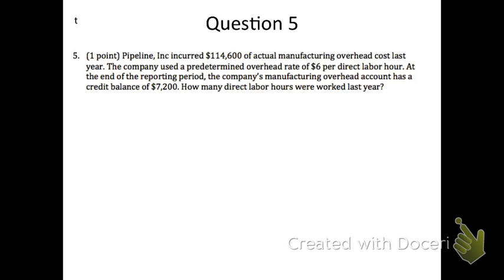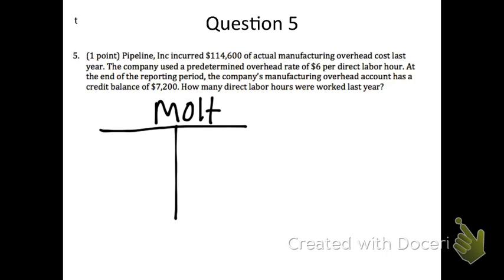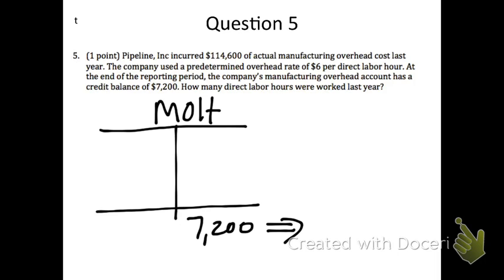At the end of the period, the manufacturing overhead account has a credit balance of 7,200. And so if we just stop right there for a second and think about this manufacturing overhead account, it has a credit balance of 7,200. Well, what does that mean? If I have a credit balance in my manufacturing overhead account, this means that I am over-applied.